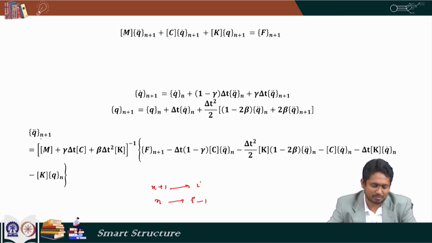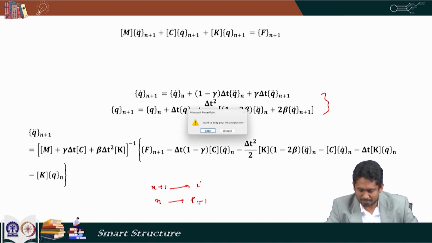So, at the ith time step, which is n plus 1 here, q double dot is this entire quantity, which is a function of q n double dot, q n dot and q n at the previous time step, which is known to us. Now, here we have not considered damping. So, these quantities associated with the C matrix would be 0, and after finding out q i double dot, we can find out q i and q i dot using these two relations. So, that is what has been implemented in the code here.